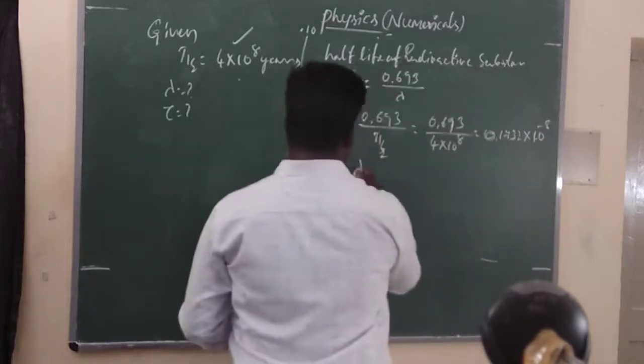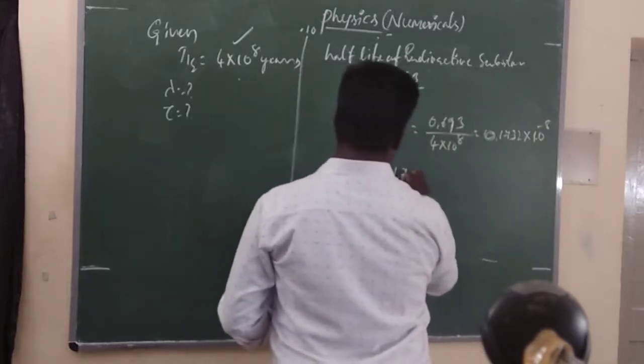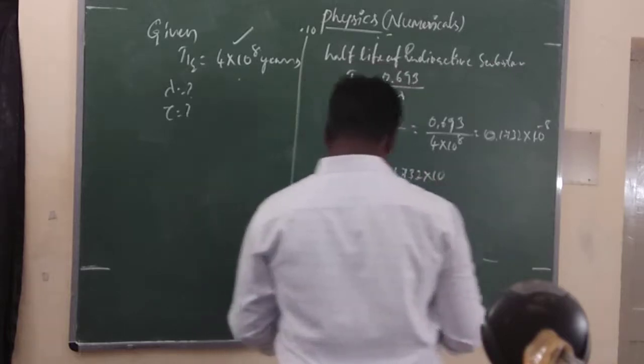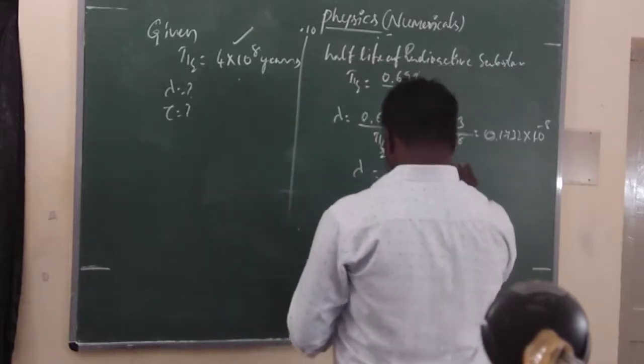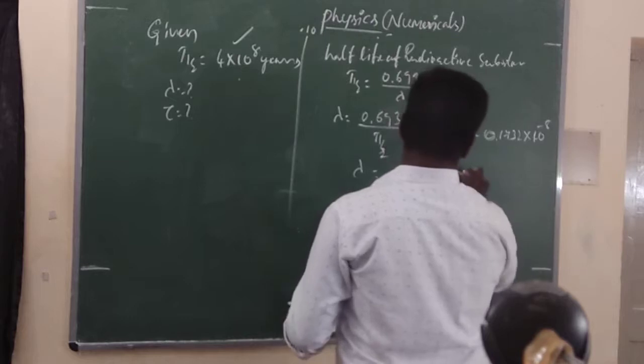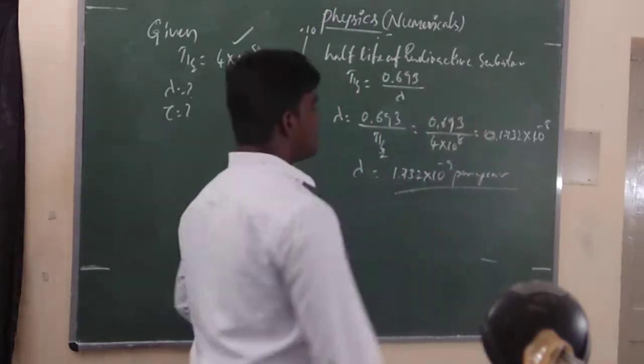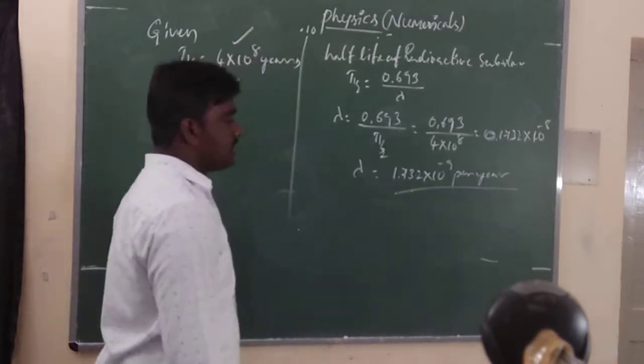So we write it like this: lambda is equal to 1.732 into 10 to the power of minus 9 per year. This is the decay constant.